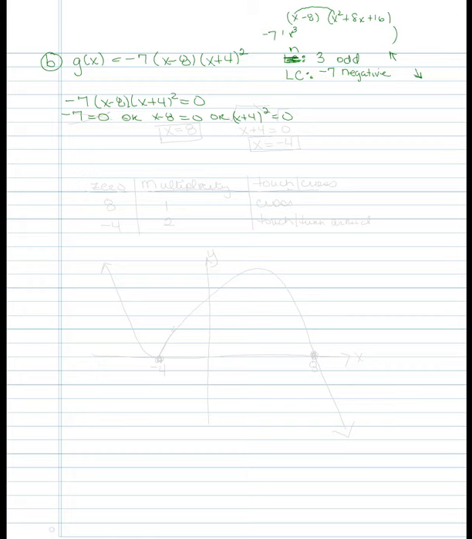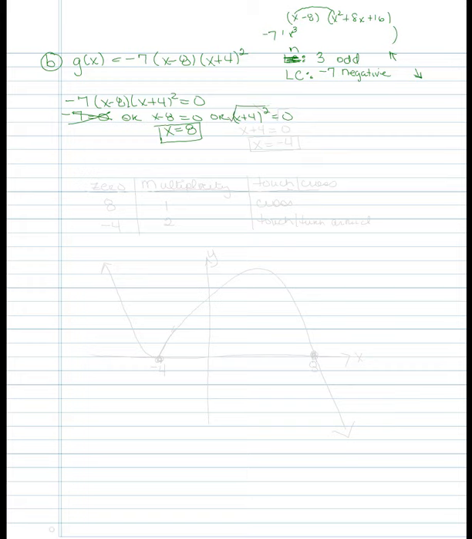Okay, well, -7 equals 0. Can we do anything to that? Well, we know that's not true. X minus 8 is equal to 0. What is x then? 8. That's an intercept. Okay. X plus 4 squared is equal to 0.